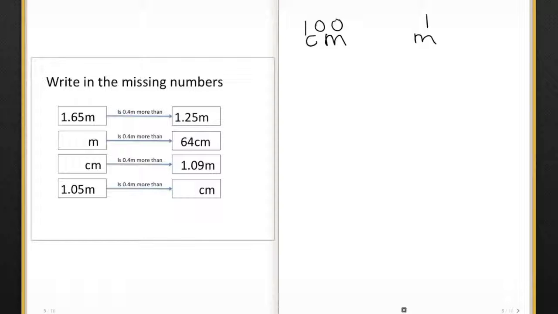So this is a high number. This is a low number. So for this one, we are going from high to low to get from centimetres to metres. So if we start with our 64 centimetres, which is high, to get to low we need to divide, and we need to divide by 100.